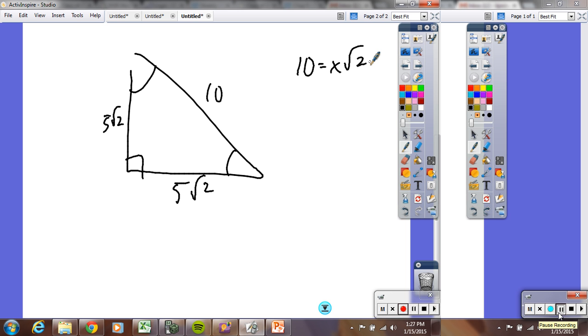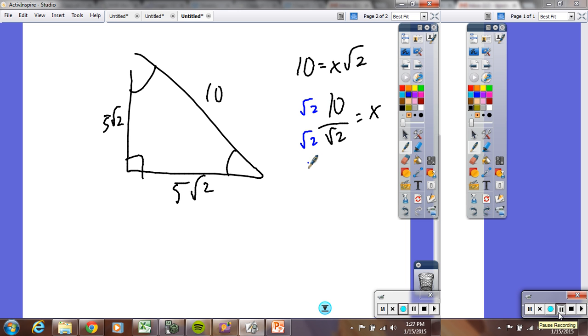And notice these other legs are x, aren't they, in our ratio triangle? So all I do is solve for x. So therefore I divide the root 2 over, as Kennedy said, right? But I don't like radicals downstairs, right? So I have to rationalize.